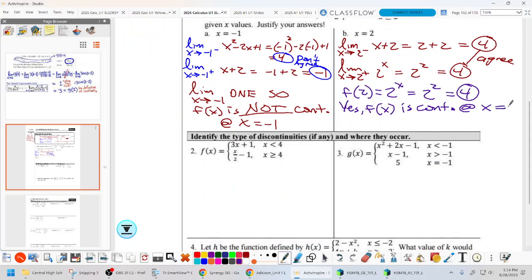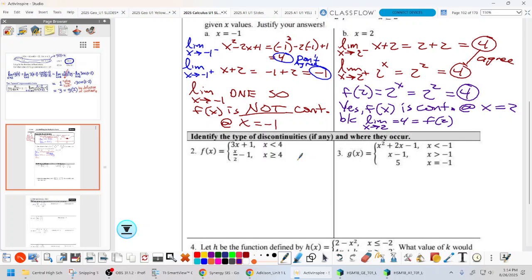At x equals 2 because the limit as x approaches 2 equals 4, which equals f of 2. So we are good. Okay? Are we good? Yes. Okay.